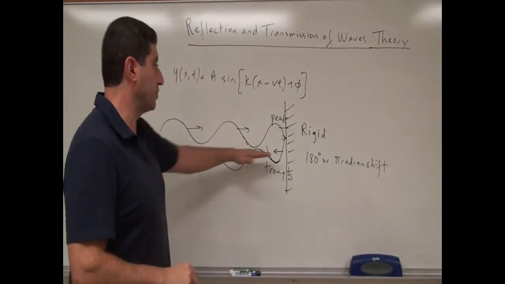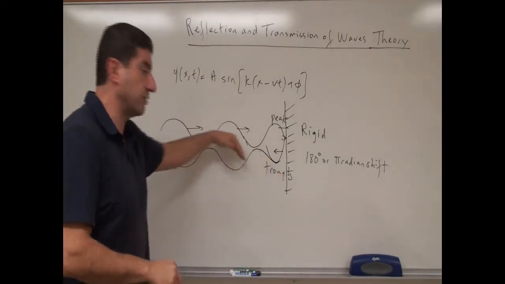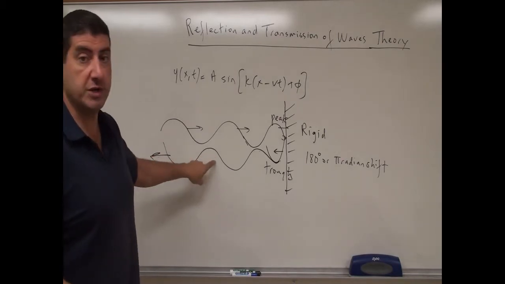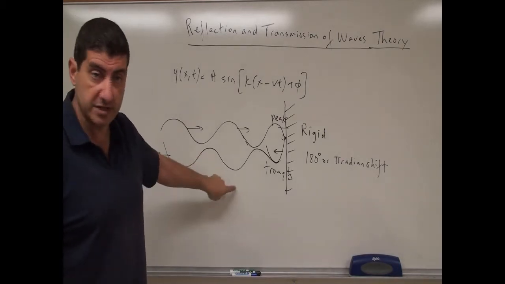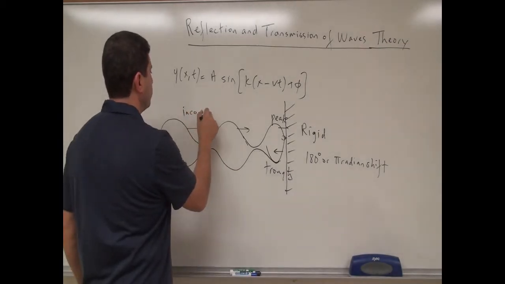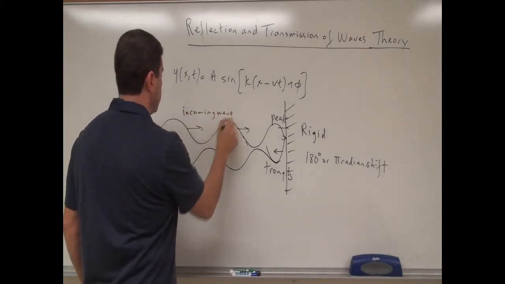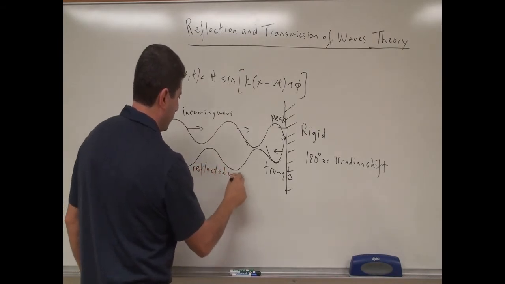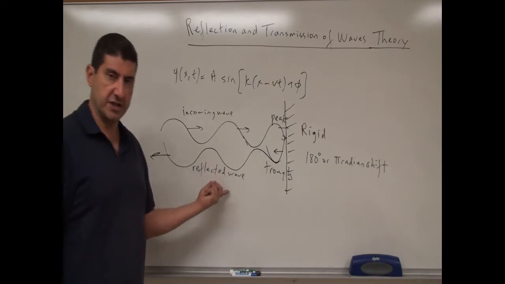So we'll focus on the reflected wave and the nature of the reflected wave, not so much the interaction of the reflected wave with the incoming wave. This is the incoming wave, and then this is the reflected wave. So we'll focus on the reflected wave.